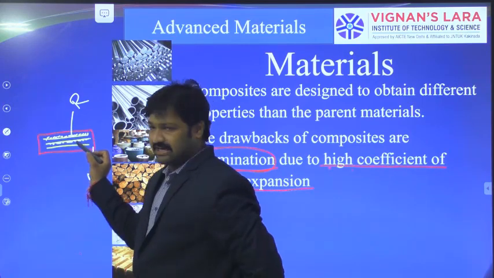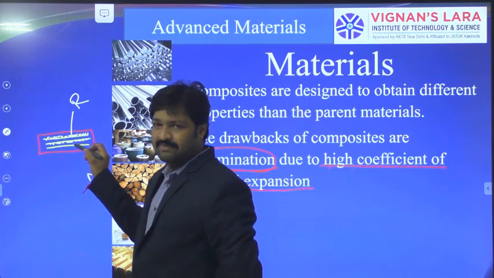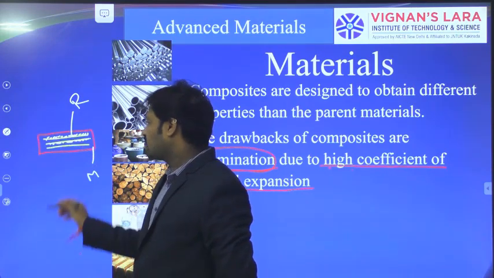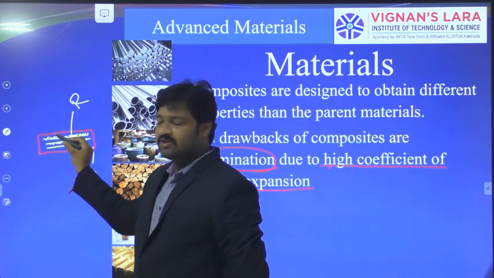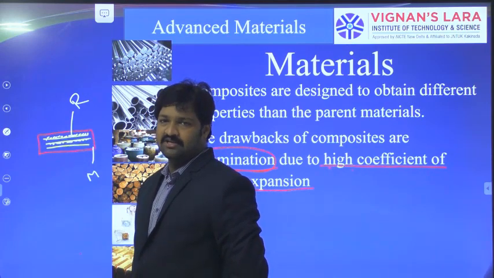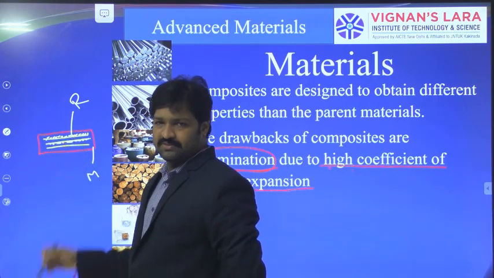So this fiber would tend to move, either by expansion or contraction, but the matrix material is not allowing it to move. That's the case. If the reinforcement wants to move further, then the bonding between the matrix and the reinforcement will be damaged, so that the fibers will be easily peeled off from the composite material.